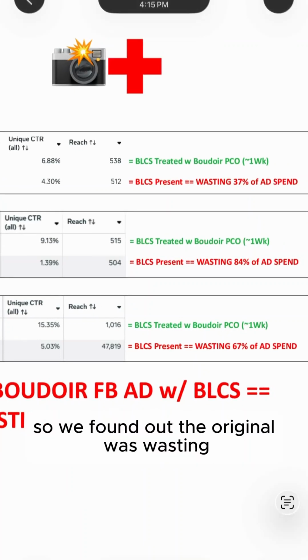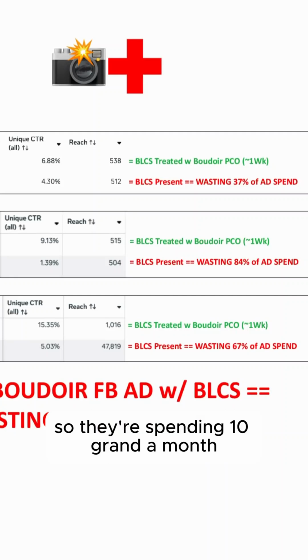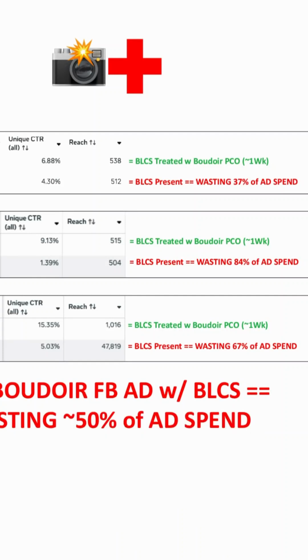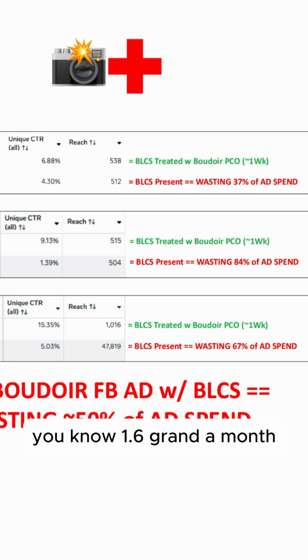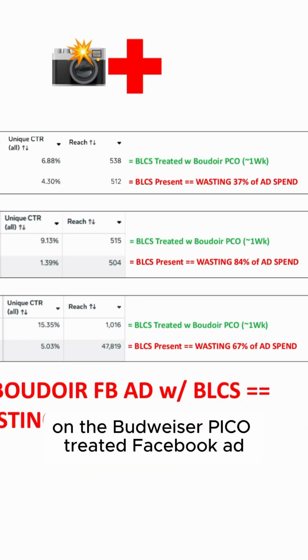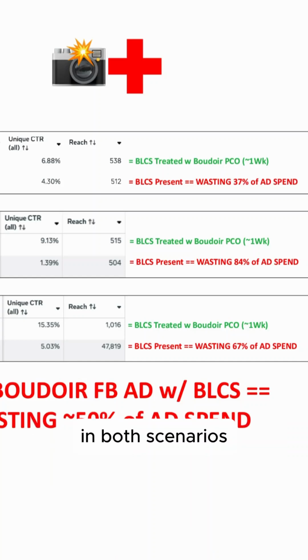So we found out the original was wasting 84% of its ad spend. So they're spending 10 grand a month on the original Boudoir Facebook ad. Now they only need to spend $1,600, 1.6 grand a month, on the Boudoir Pico treated Facebook ad to get their ad into the same number of women's brains in both scenarios.